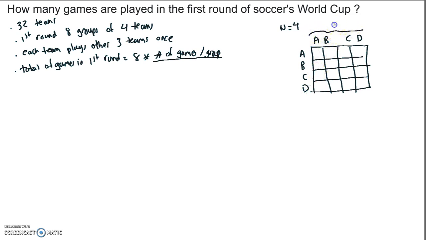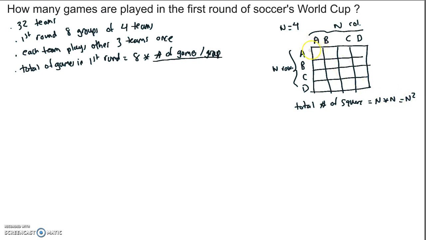In this scoreboard we have n columns and n rows, so the total number of squares is n times n, which equals n squared.